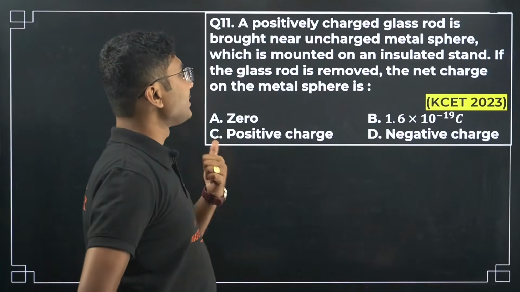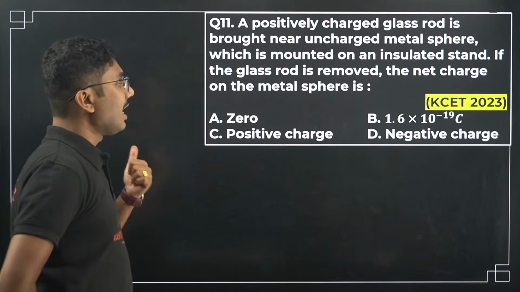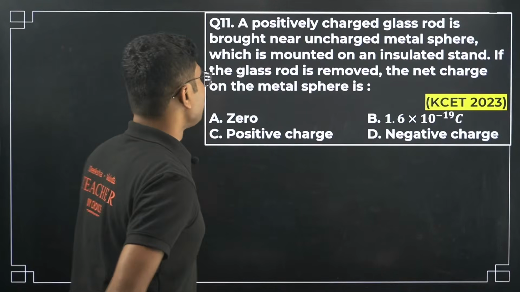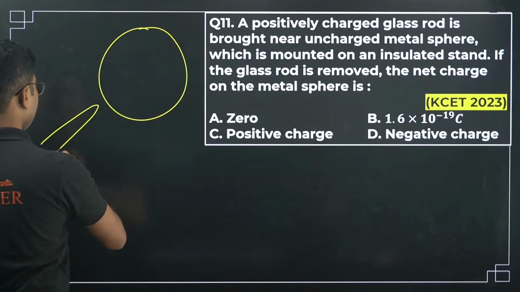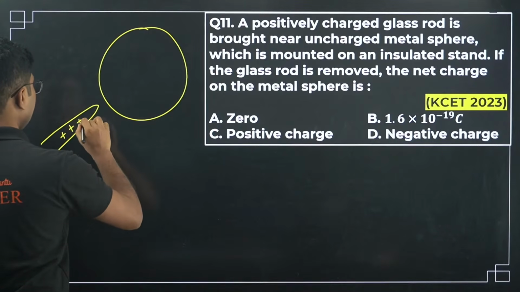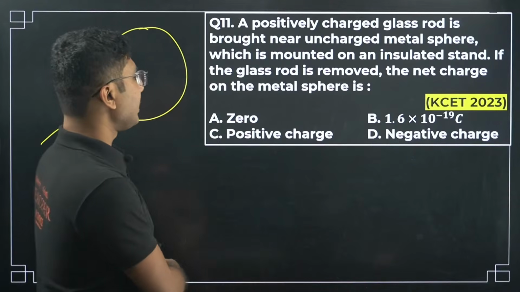A positively charged glass rod is brought near an uncharged metal sphere, which is mounted on an insulated stand.